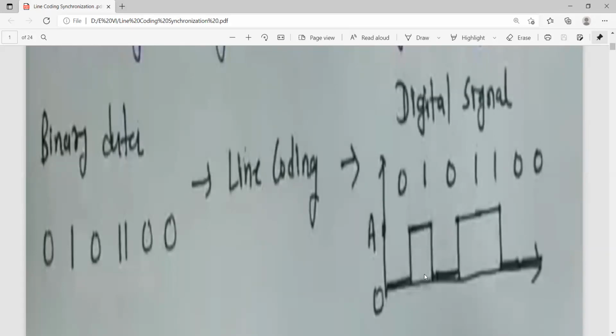Signals always come in the form of waves. Which type of waves are we communicating? The waveform may be without any modifications of this data, so 0 is like a 0, and here it is 1 0 1 1 0 0, like this. This is the signal in this format.